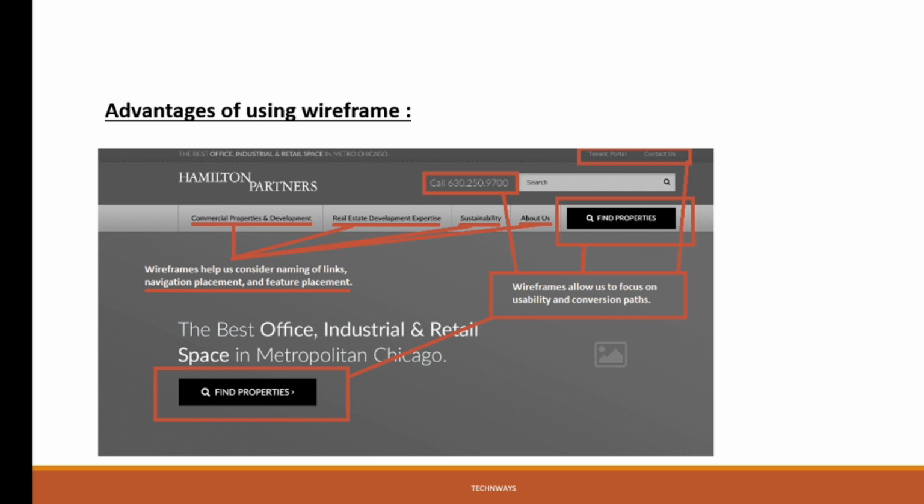This is how it looks. If we wanted to introduce a new text box or a label, or show some feature, we can tell the client that this particular change is for this purpose, and put it here. It is showing that wireframes allow us to focus on usability and conversion paths.